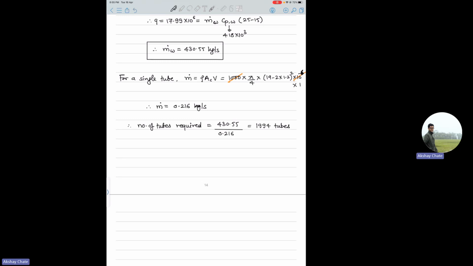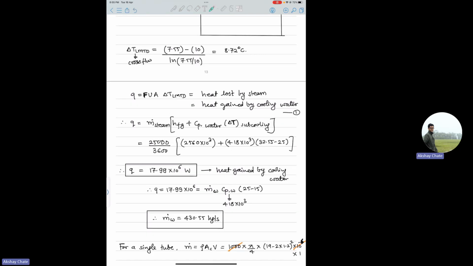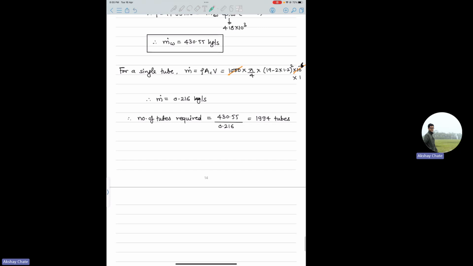So for that, you have to use the other condition, because here your area is coming into picture, right? So we know that Q is F A U into delta T LMTD. Delta T LMTD, U, everything is known, A is unknown. Therefore, A, which is your surface area, will be Q divided by F U delta T LMTD. So we can calculate that.